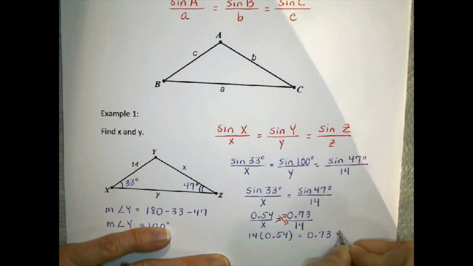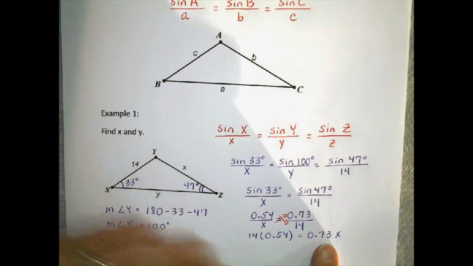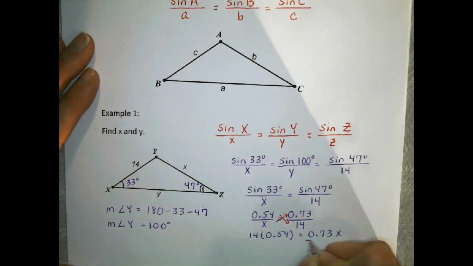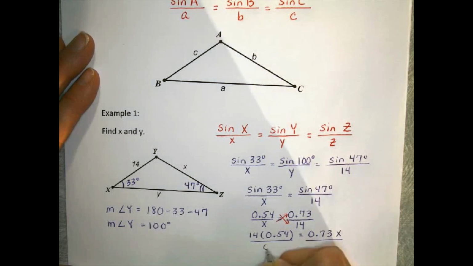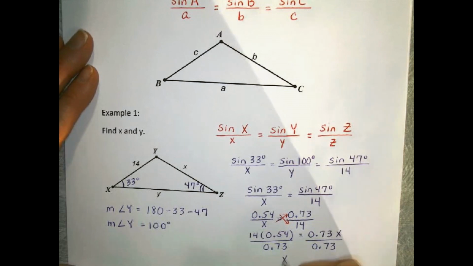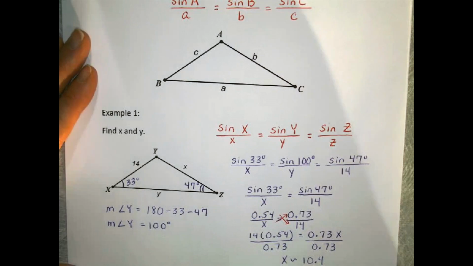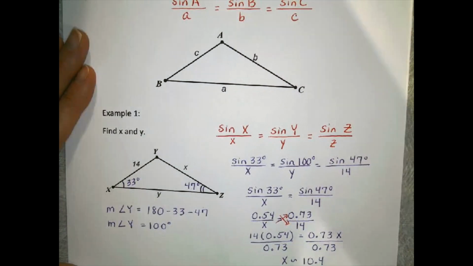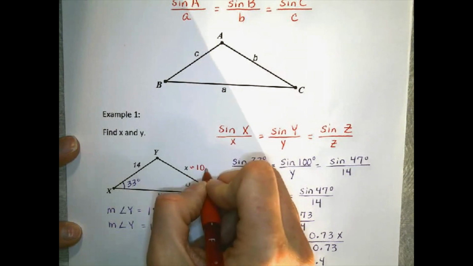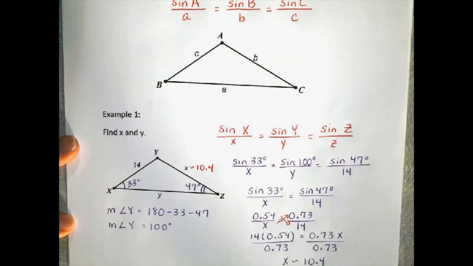In order to solve for x, I will divide both sides by 0.73. And when I do this in my calculator, I will find out that x is approximately 10.4. That means I now know that side x is approximately 10.4 units. And remember, we already found the measure of angle Y to be 100.